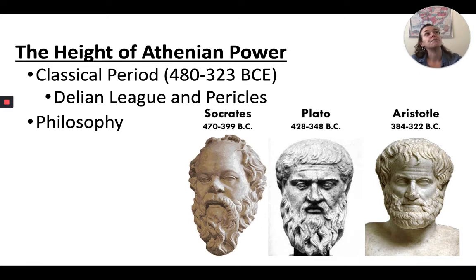The Persian army had been pushed out of Greece. Athens had rebounded despite being sacked, and they are going to be forming an alliance with other city-states called the Delian League, and they're really going to be in charge of all of that.